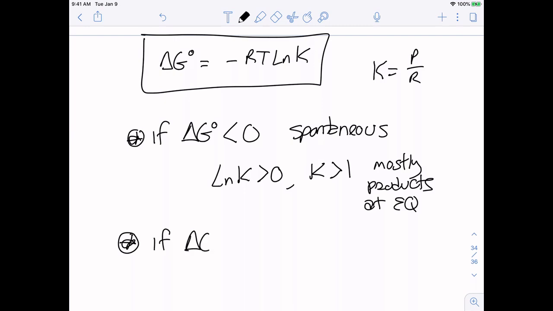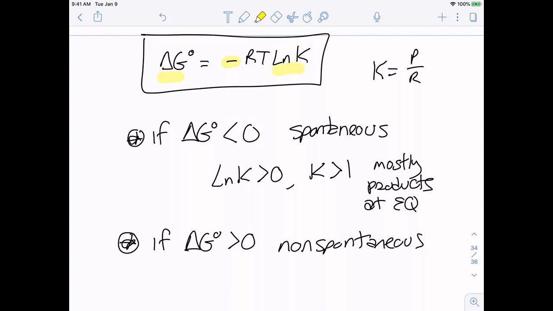If delta G naught is greater than 0, right, it's a positive value, we know it's non-spontaneous in the forward direction, of course. For that to be a positive value, I do have that negative in my formula again, right? This negative. For this part to come out positive, this part has to be negative, right?